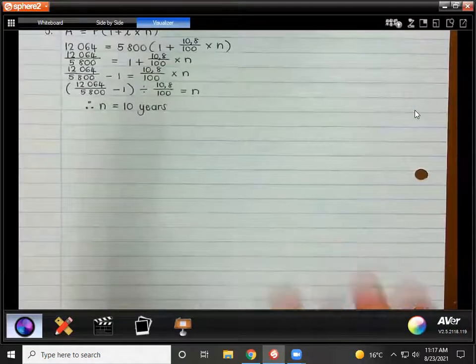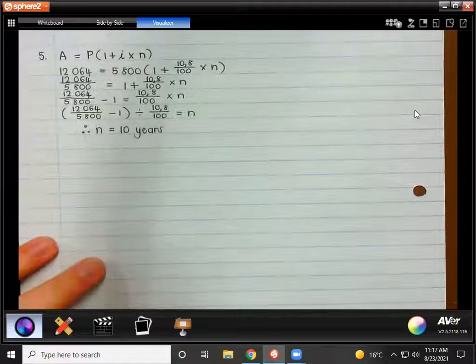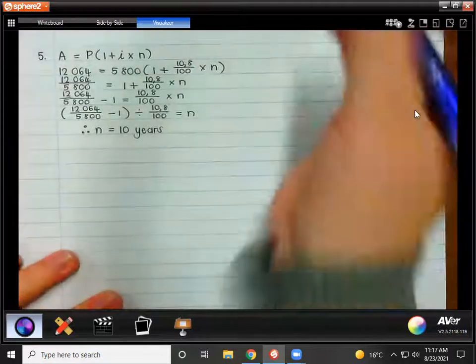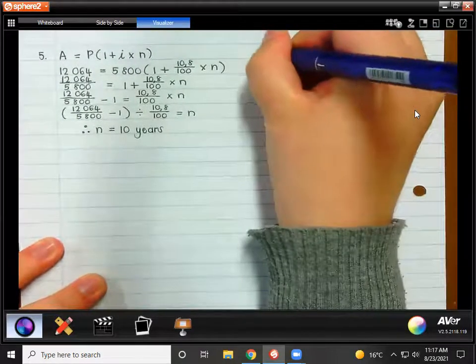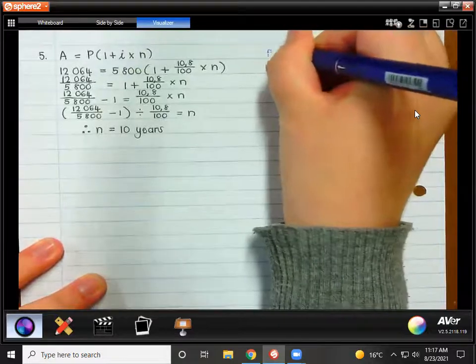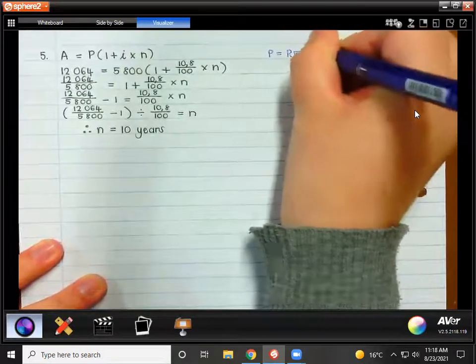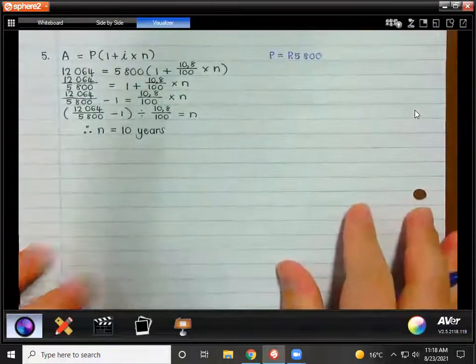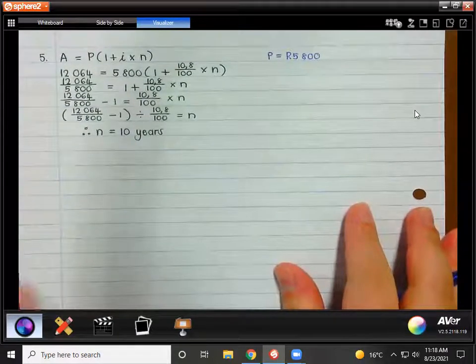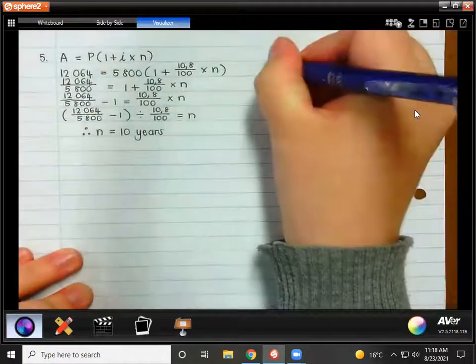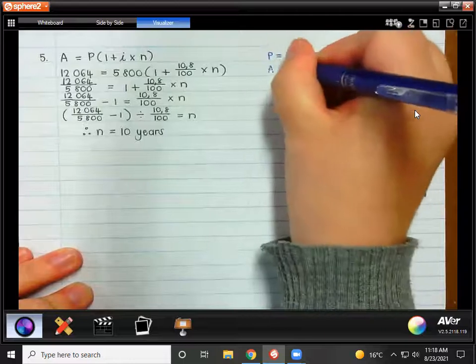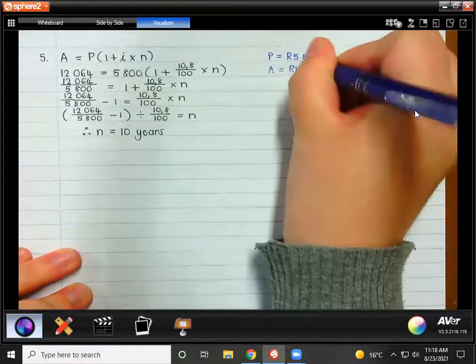All right, number 5, the last one, was finding N. So they said 5,800 Rand was invested. So if that is the amount that was invested, that is our P value in a savings account and grew to 12,064. So if it grew to an amount, that is the A value.